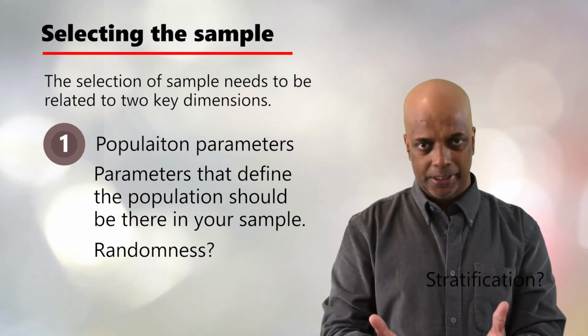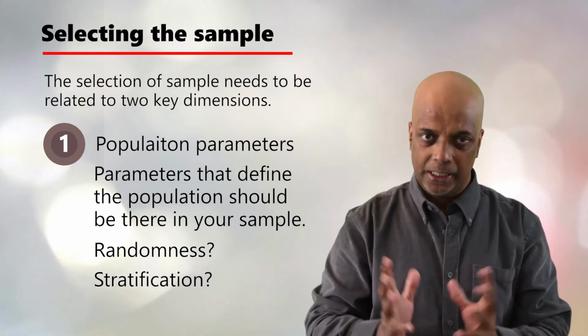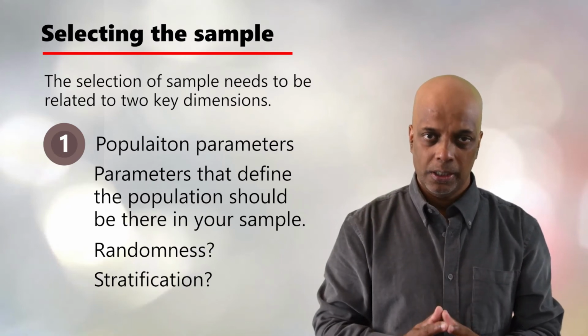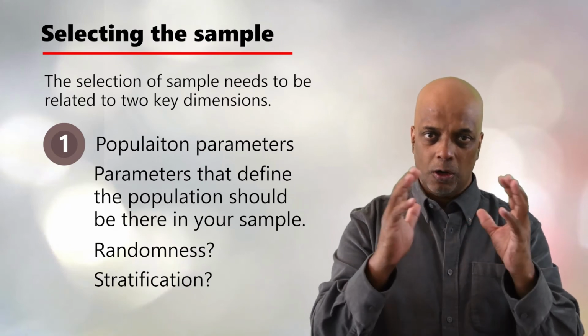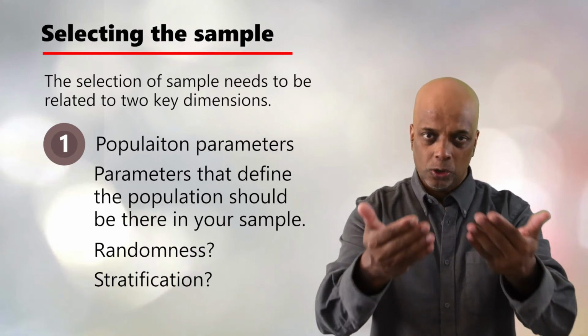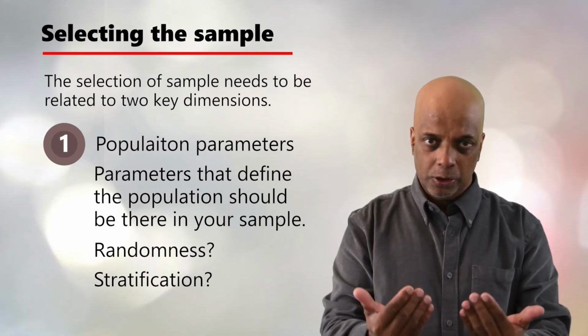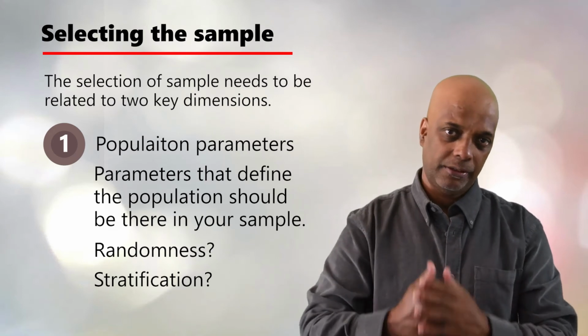But on the other hand, if you think that your population is not totally random, but is composed of a specific stratification or a structure, then you have to select your sample to manifest, to represent that structure or stratification.